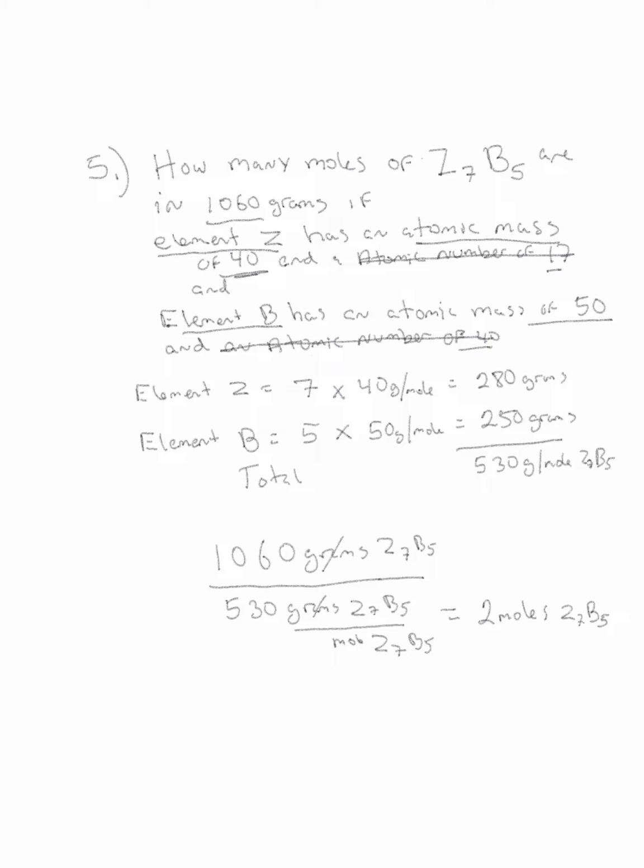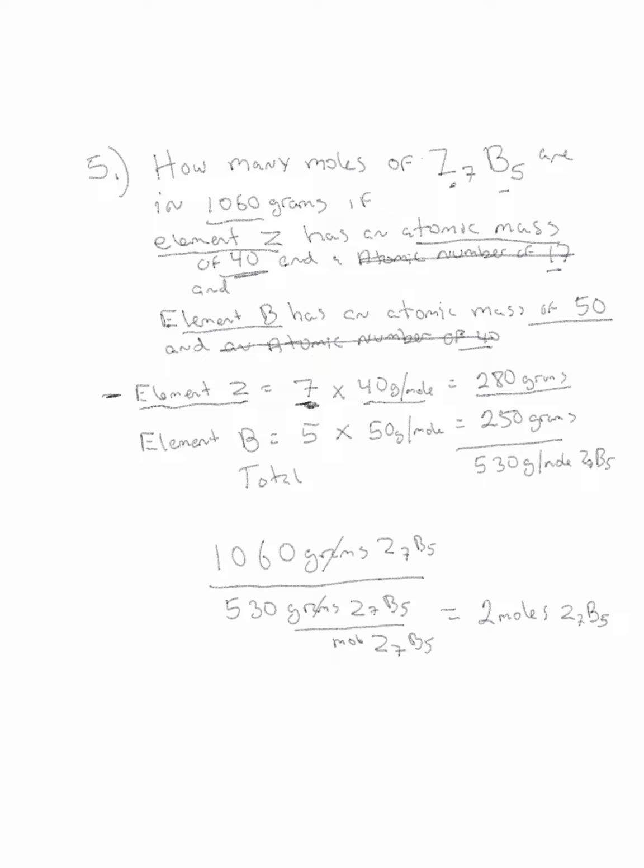So for each molecule, there are seven of the Z elements and 5 of the B elements. So I'm going to take that. I have my element Z. I have 7 of them, so I'm going to multiply times its atomic mass, which is the molar mass, 40 grams per mole, and that's going to give me 280 grams.